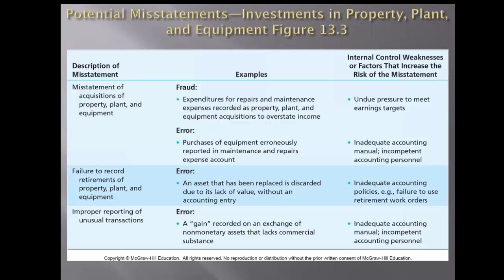We may purchase equipment erroneously and charge this to operations as opposed to fixed assets. I've seen this. This is not an uncommon problem, and it really takes controls at the department level. It takes controls at the purchasing level as well as the receiving level and accounts payable to make sure that these items are reported appropriately.